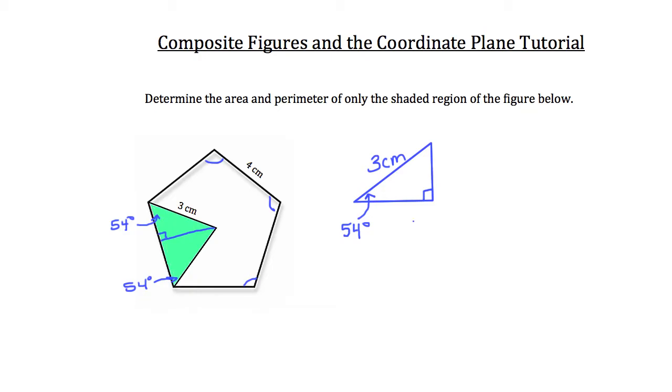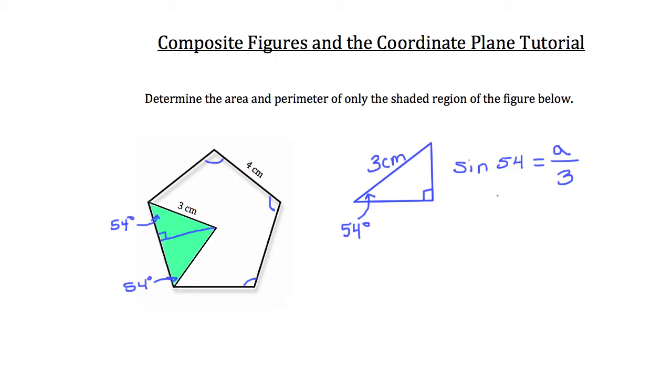So what we can use is the sine trigonometric function. The sine of 54 degrees is equal to the length of the opposite side, which in this case is our apothem, divided by the length of our hypotenuse, which is 3.